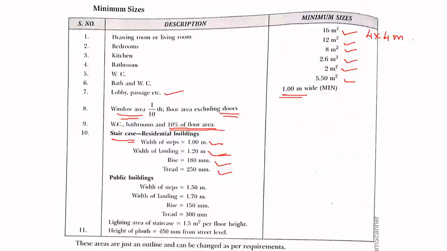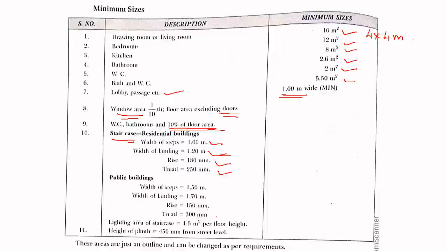And if it is for a public building, the width of steps is 1.5 meters, width of landing will be 1.7 meters. The rise of the steps should be 150 mm. The tread of the step can be 500 mm. The lighting area of the staircase is 1.5 square meters per floor height.